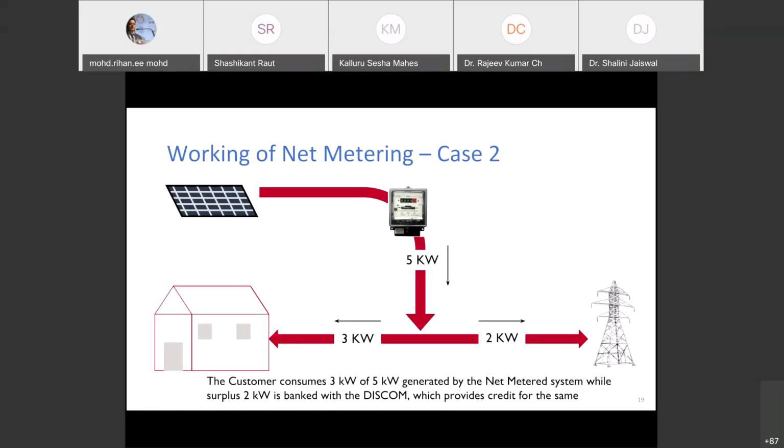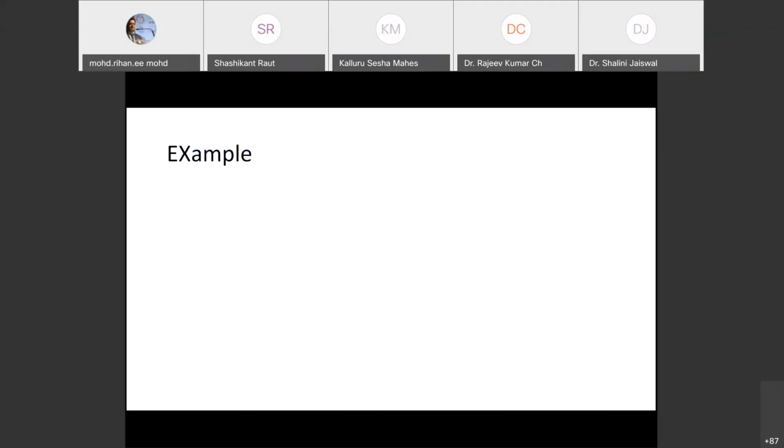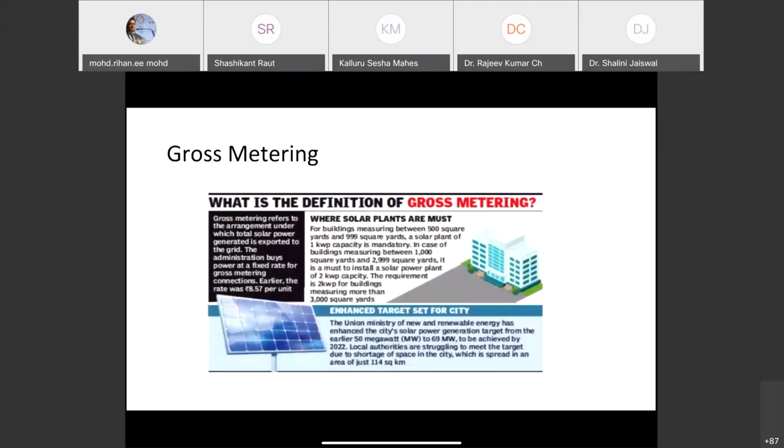But I would mention here that this gross metering system is not in common use now. It was there when the government was pushing for solar plants. There was a starting point in the country. Now, most of the states have stopped this system. They are going for net metered system.